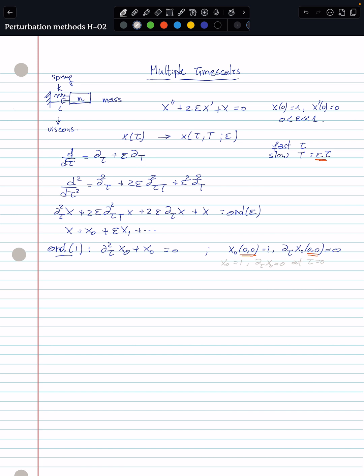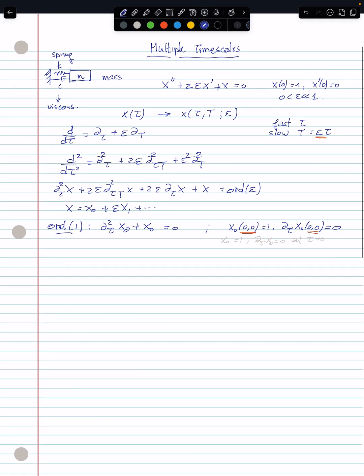Because we know, of course, that x0 is a function of two arguments, but when this is not explicitly stated, it might become a little bit of a problem. But let's keep going. If we want to solve this, then we can write x is A times cos. I think this is what we wrote.